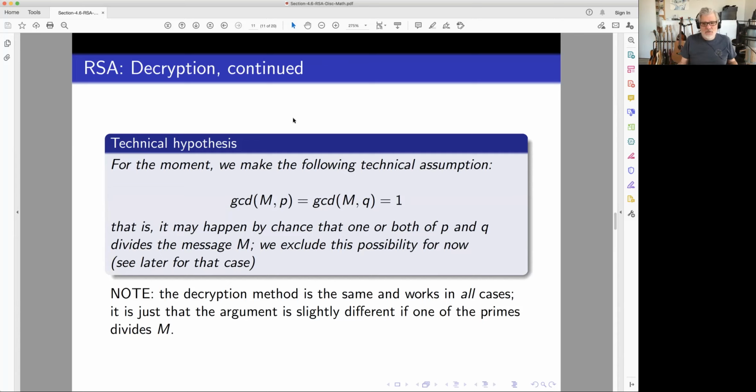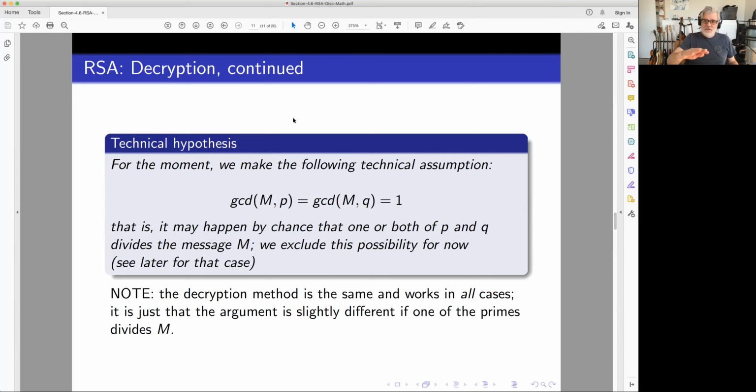I don't know what P and Q are, it's irrelevant for me. I just need to know what P times Q is. So I write down my message. Maybe by some incredible bad luck or luck, I don't know, P or Q or both actually divide my message. It could happen.